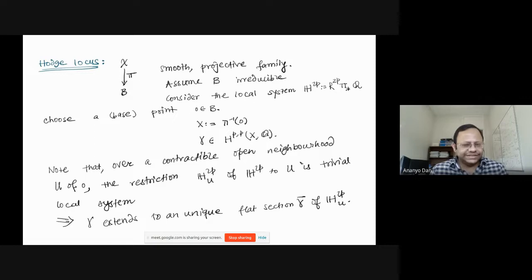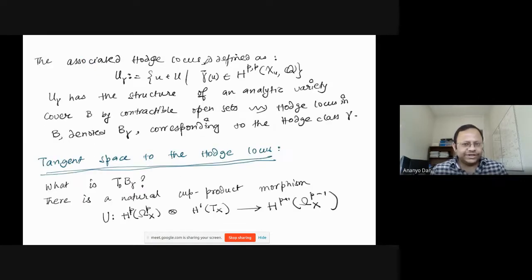But this does not guarantee that it will be a Hodge class. If it does remain a Hodge class, I will call the locus of all such points the Hodge locus corresponding to gamma. Here I have given a set theoretic description, but you can also see this as the vanishing of certain holomorphic functions, so this also has the structure of an analytic variety, U gamma.